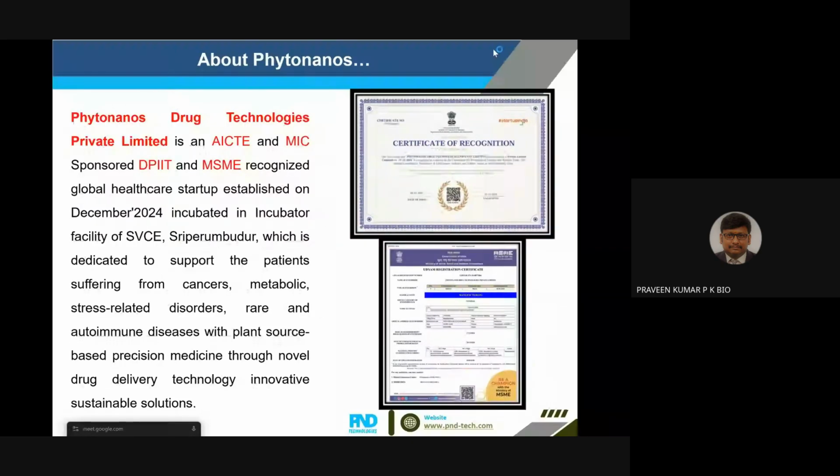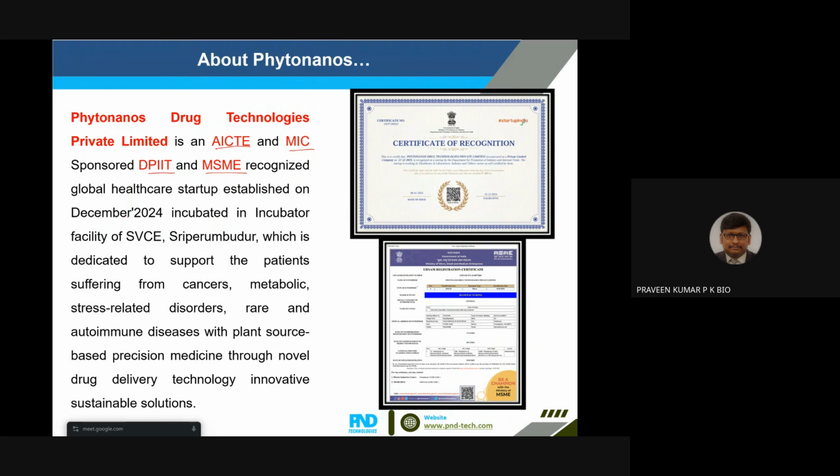Now let me go ahead with Phyto Nanostruct Technology Private Limited. It is an AICTE and Ministry of Education Institution Innovation Council, both Government of India bodies, sponsored by them. Of course, this is recognized by DPIIT, Startup India, and MSME.